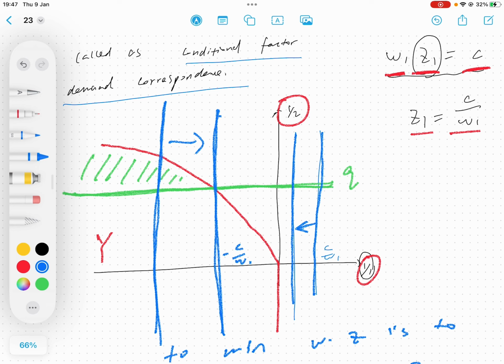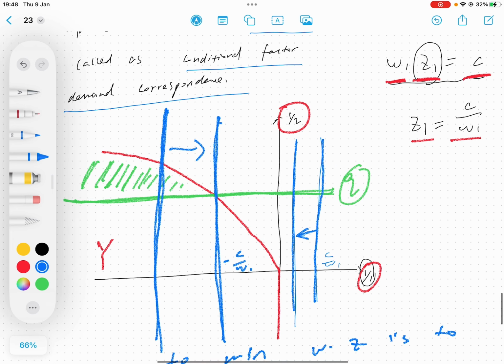The constraint is denoted here by this green line, our minimum level of output, q. The shaded areas are the levels we can produce above that minimum and within the production technology Y. The minimum requirement for the green level is fixed, so we shift this blue line as far to the right as we can.